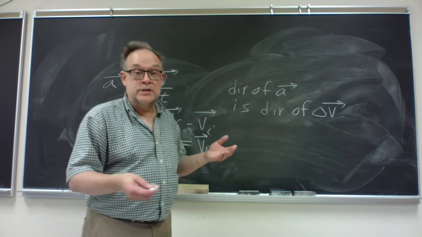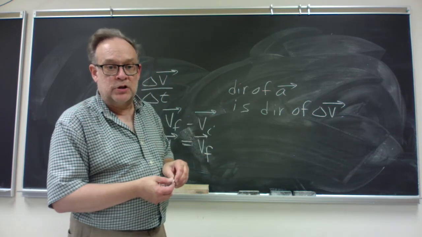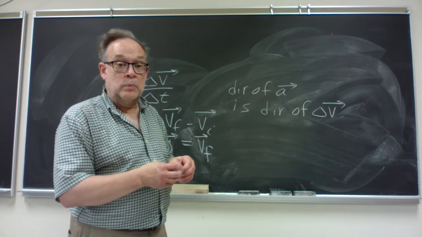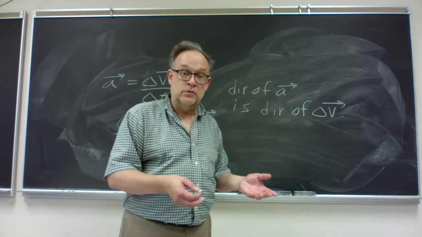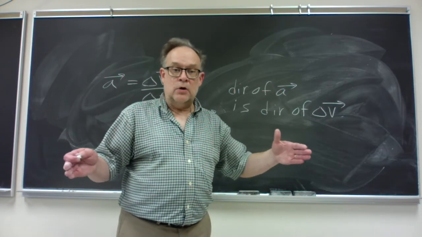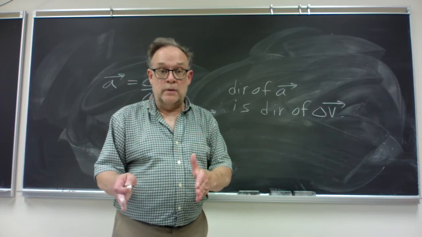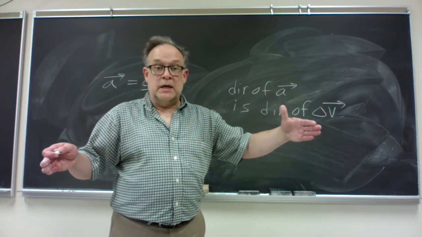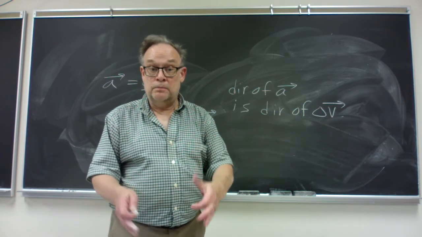The arrow represents the direction of the vector, and the relative lengths of the arrows represent the relative magnitudes of the vectors. A velocity arrow twice as long as another one means the longer arrow represents twice as much velocity as the shorter arrow.